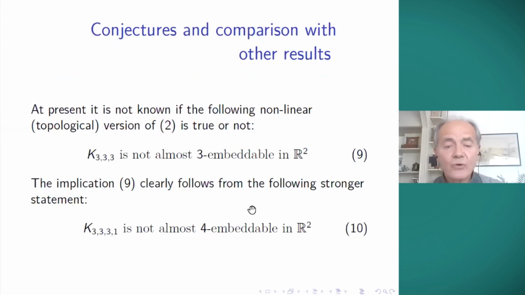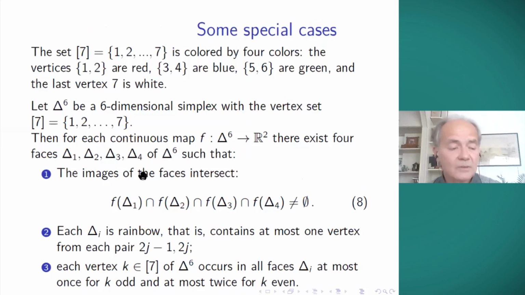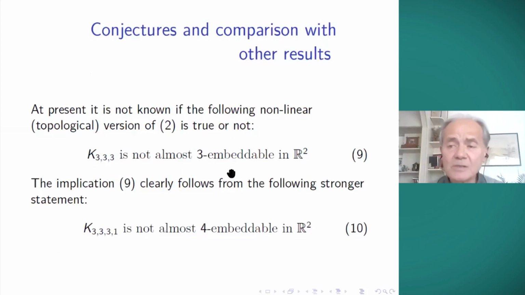And just for comparison, this result is related to these conjectures. These are the simplest, probably open problems. I think we don't know if K33 is almost 3-embeddable in the plane. We know from Bárány and Larman that such an embedding, which is affine, does not exist.